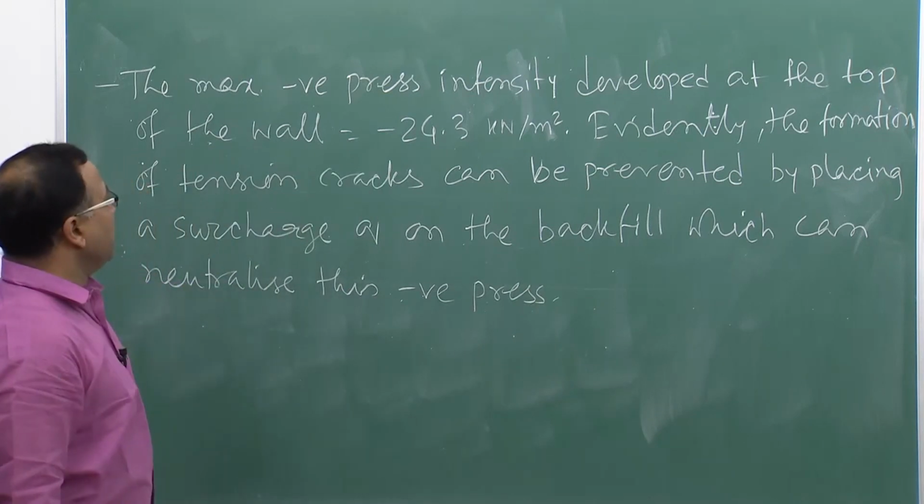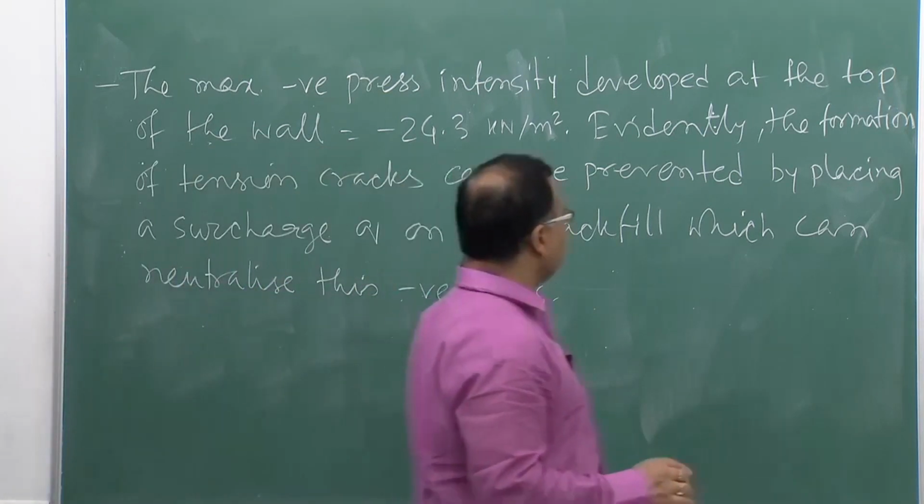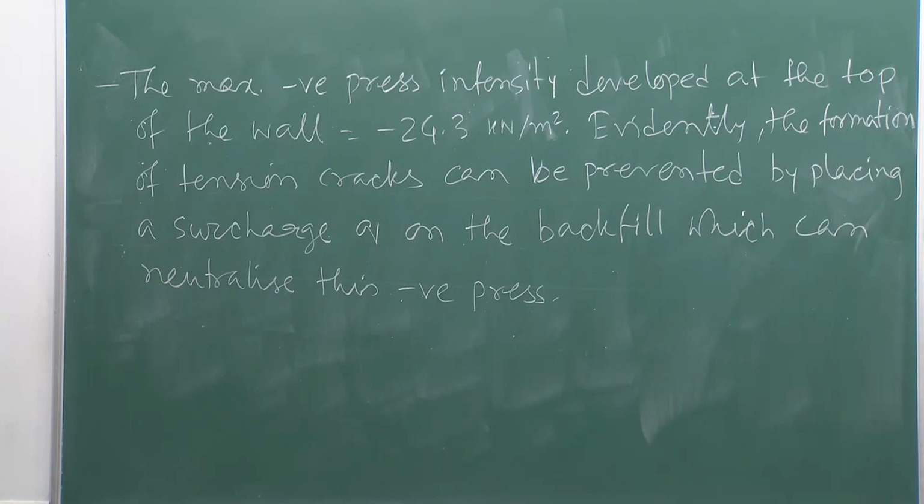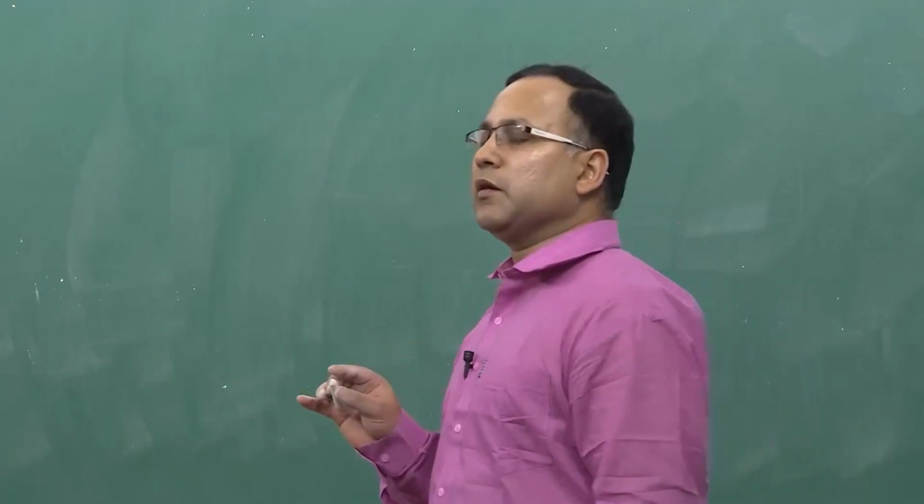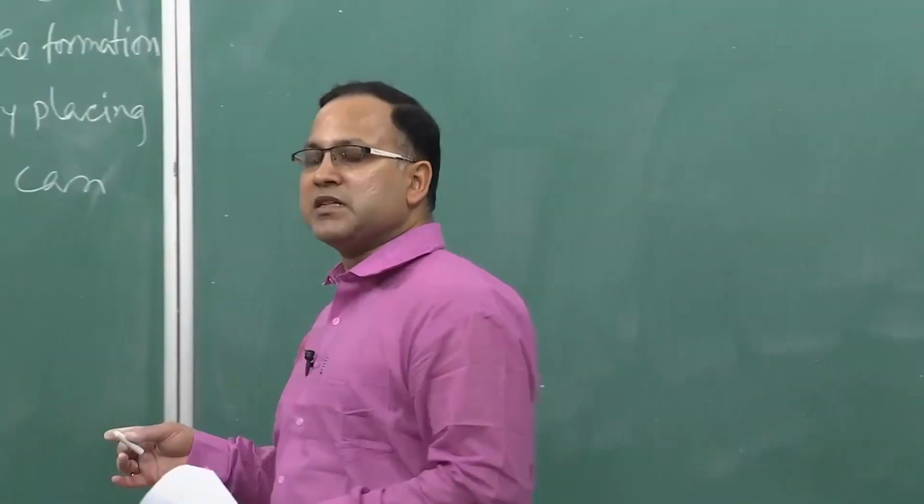So, what does it mean? The maximum negative pressure intensity developed at the top of the wall is coming as minus 24.3 kilonewton per meter square, that already we have got. Now, the formation of tension cracks can be prevented. I mean, see how you will prevent the formation of tension cracks.